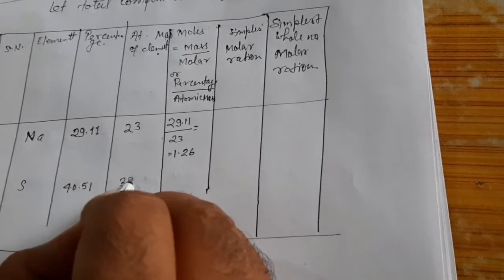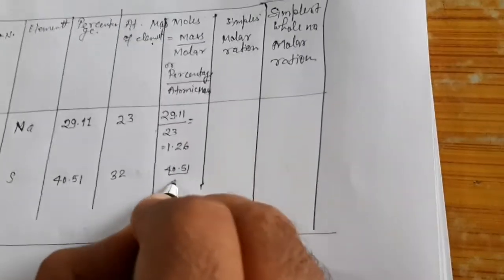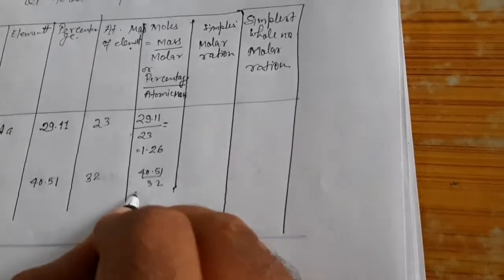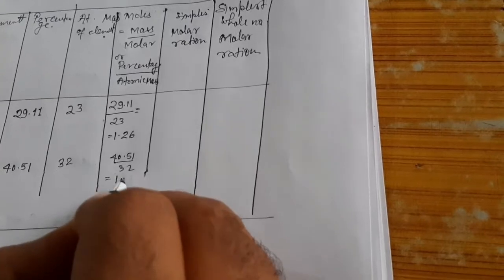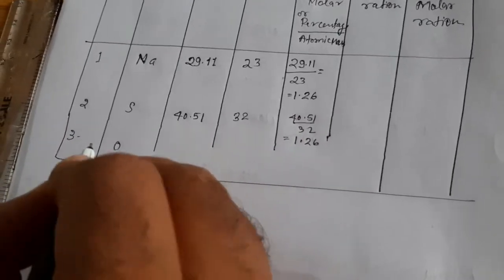So write here 32. Now 40.51 divided by 32, its moles will be 1.26 also.